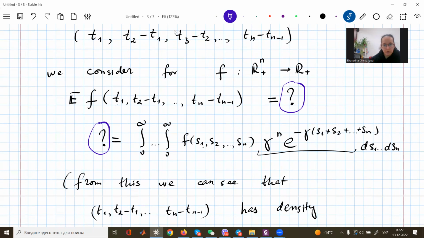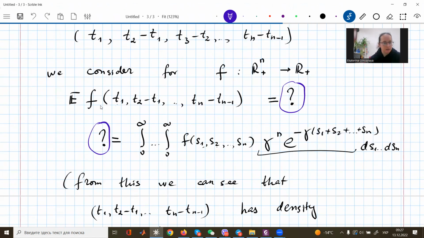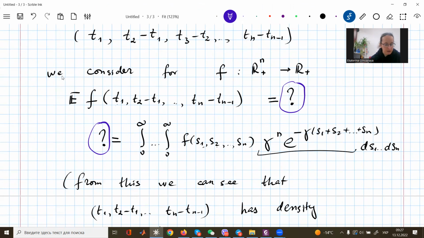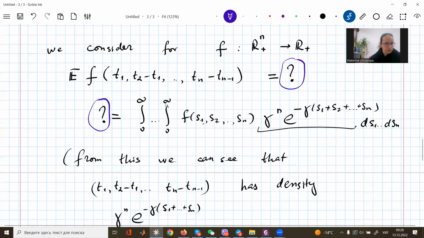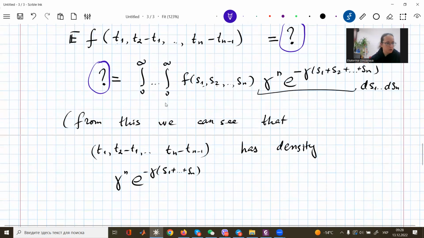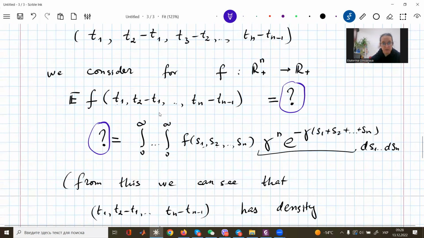And what do we know? We know that we have a Poisson point process, and we have the expectation of some function of such points. So how do we calculate the expectation of some functions of points in a point process?